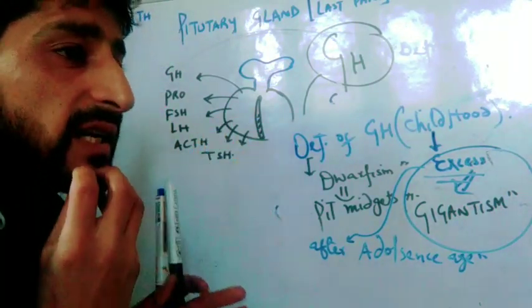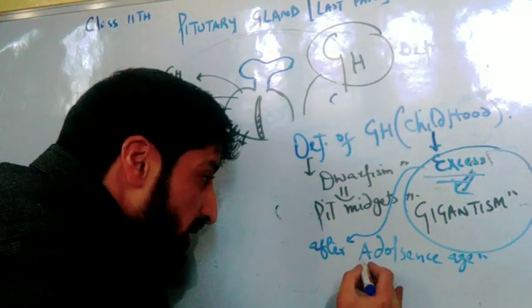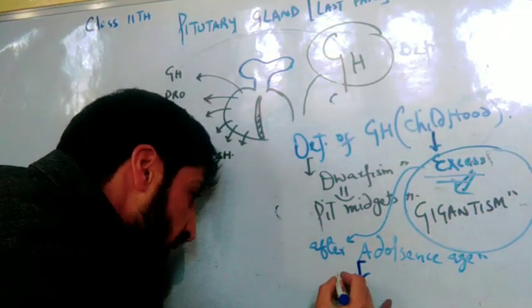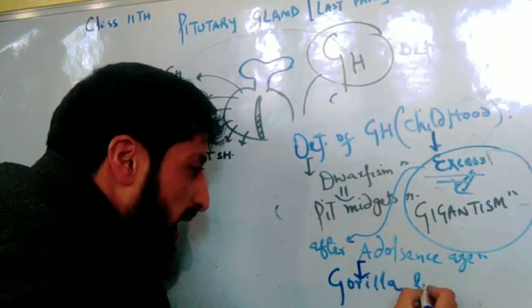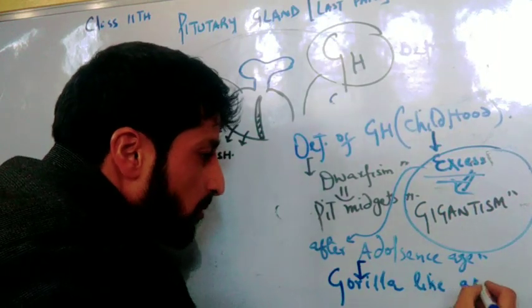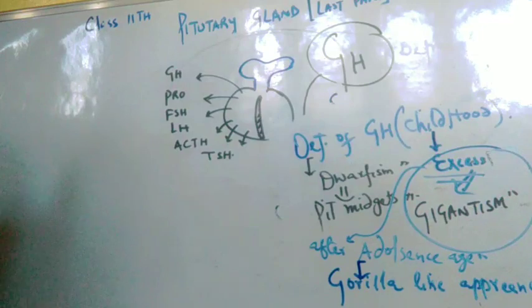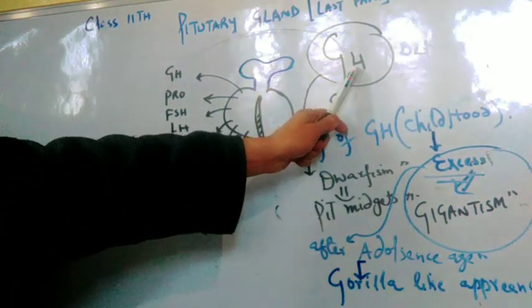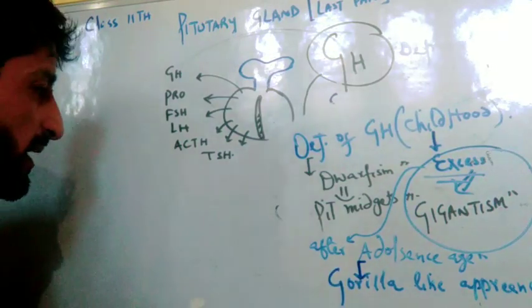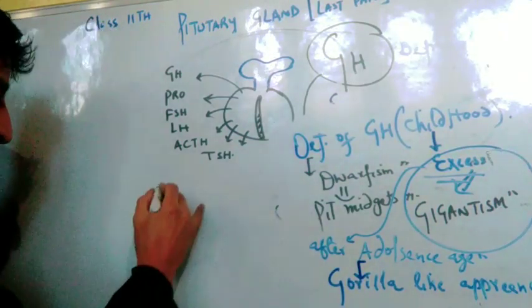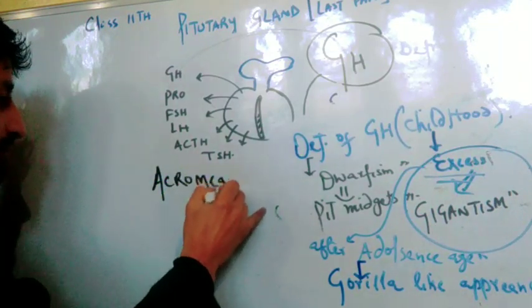Hands, chin show enlarged development, and the person has a gorilla-like appearance. This gorilla-like appearance, due to the excess production of growth hormone, that too after adolescence, you call acromegaly. You should remember this term, acromegaly.